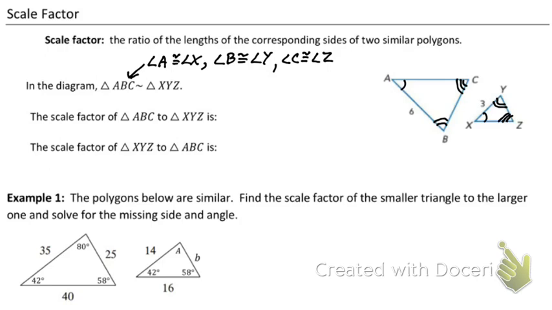So that's some more information that you can pull from this: AB corresponds to XY, BC corresponds to YZ, and finally, CA corresponds to ZX.